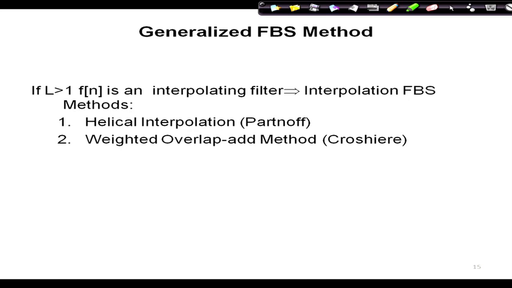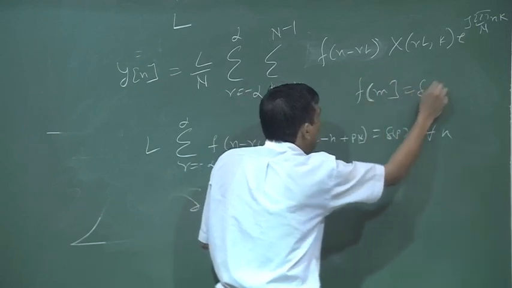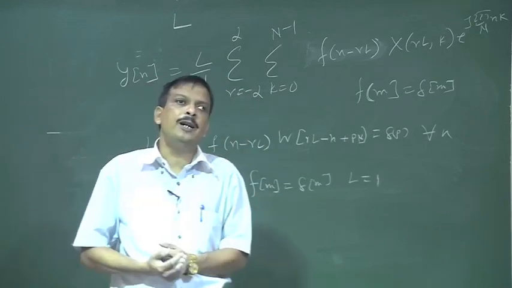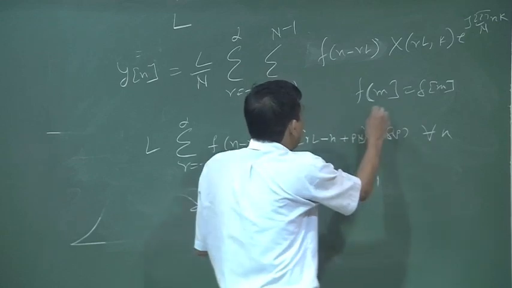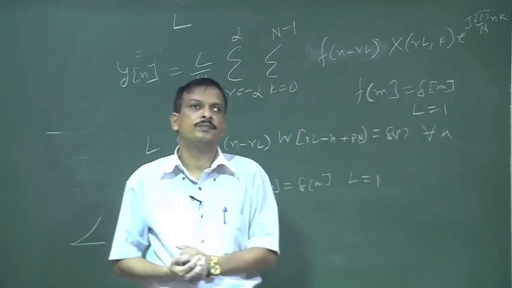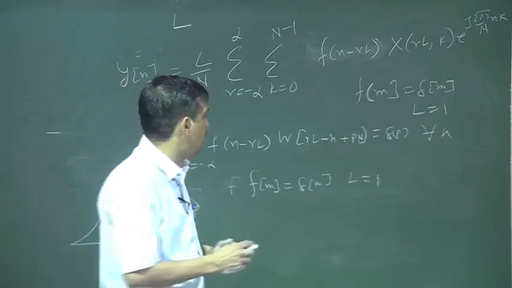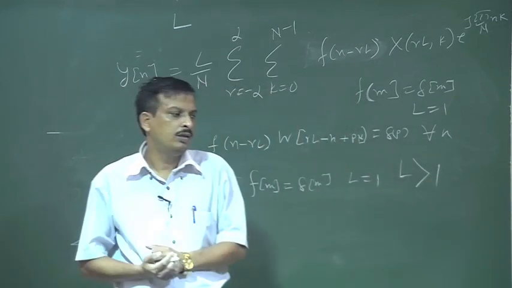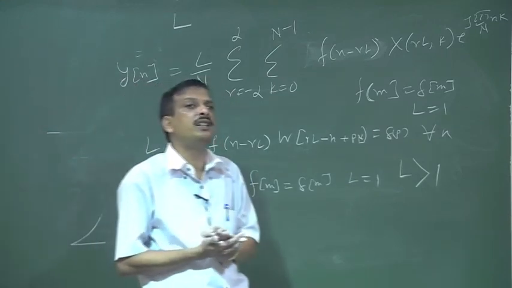If Fm is delta m, that is only the basic FBS method, and then the decimation factor in time L should be 1. If I want L greater than 1, then Fm is an interpolating filter.